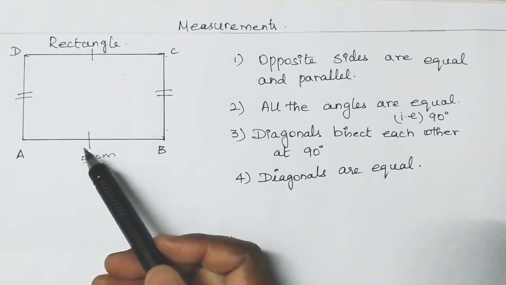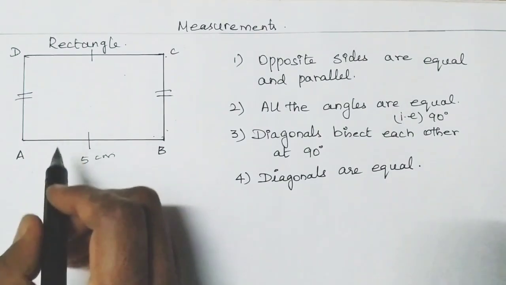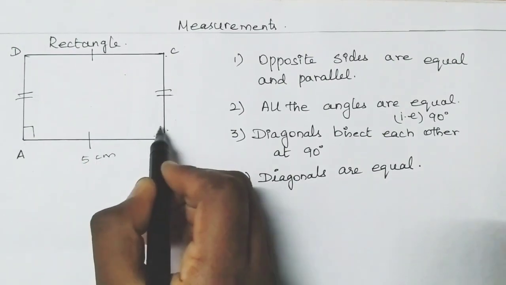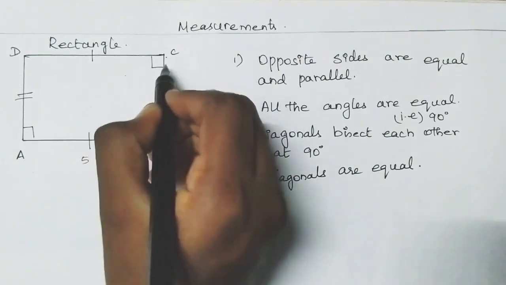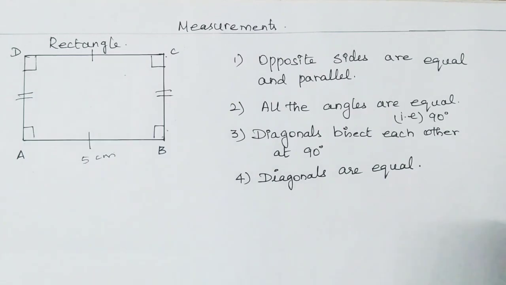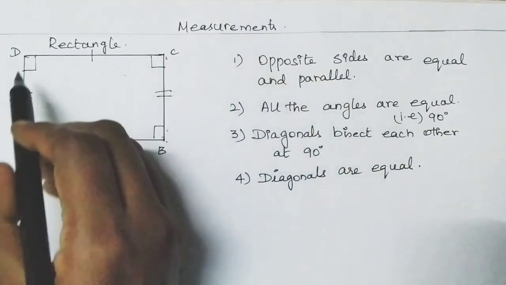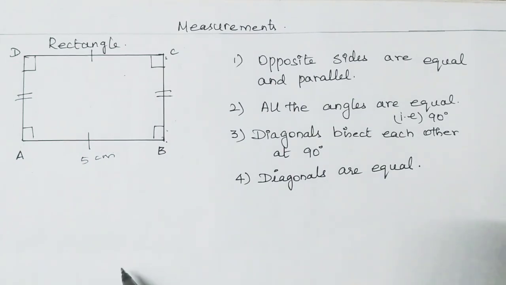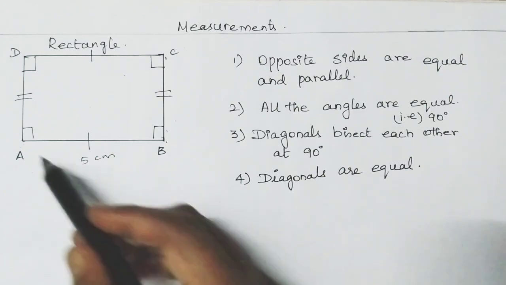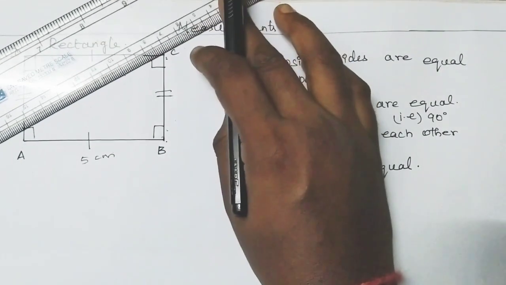Opposite sides are equal and parallel. And all the angles are equal. That is right angle. All angles are right angle, 90 degree. Angle A equals angle B equals angle C equals angle D. And diagonals bisect each other. You know what are diagonals? A line segment joining opposite vertices.